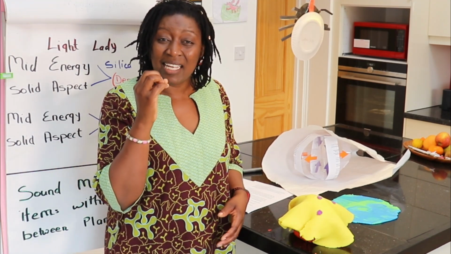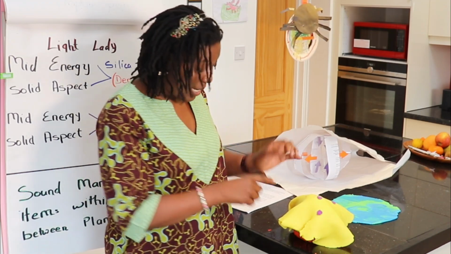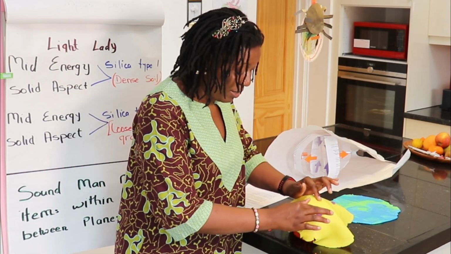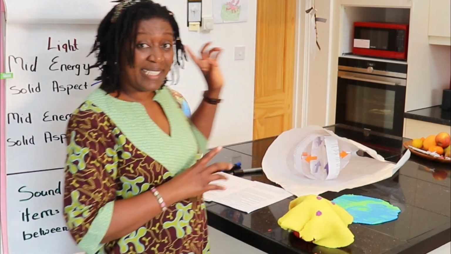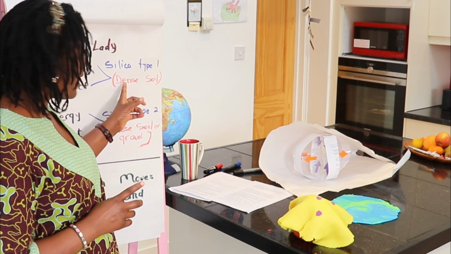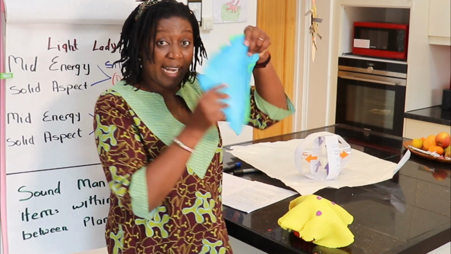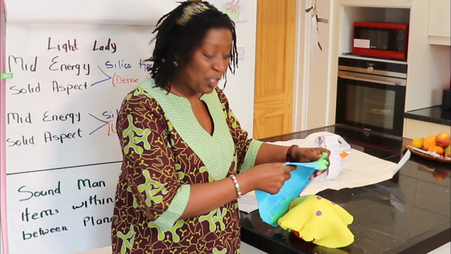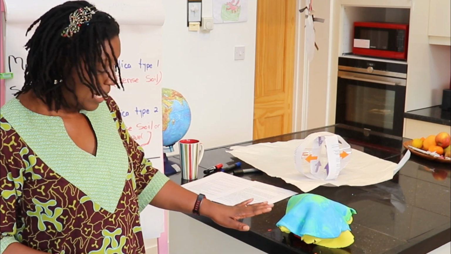they're encased in metal balls, and they've been placed on the dense layer, silica type 1, and then on top of that now you have the top crust of the earth, right?